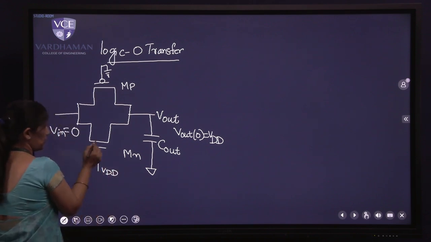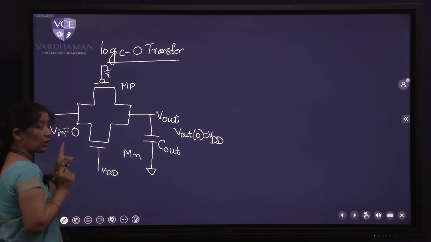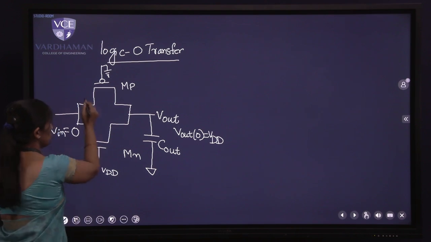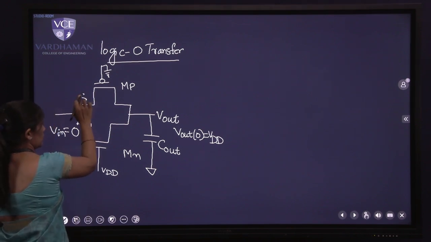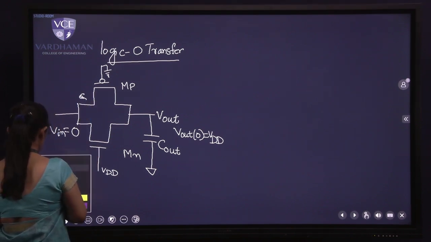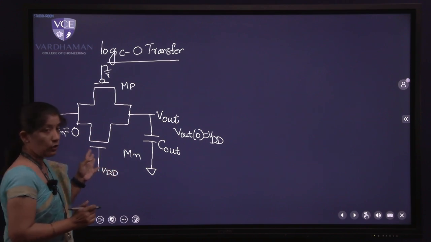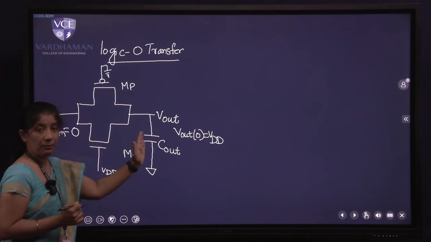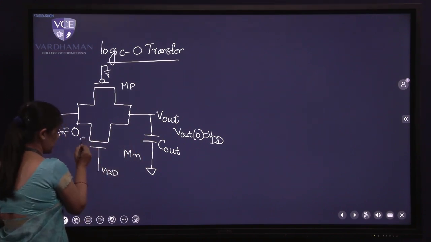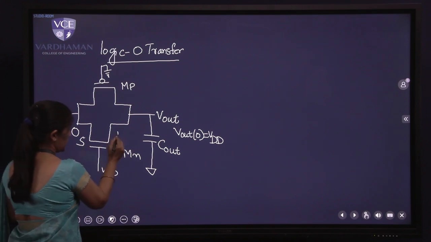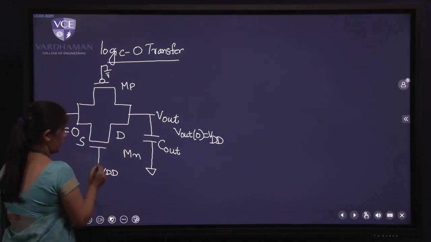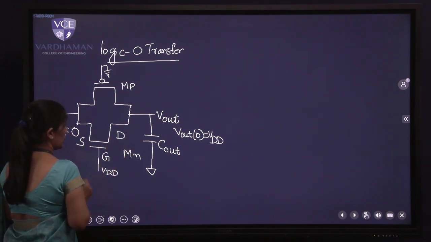Now let me mark the terminals again, because I am transferring logic 0, and 0 will be transferred from the NMOS transistor. This is becoming source, this is becoming drain, and this is as usual the gate terminal.